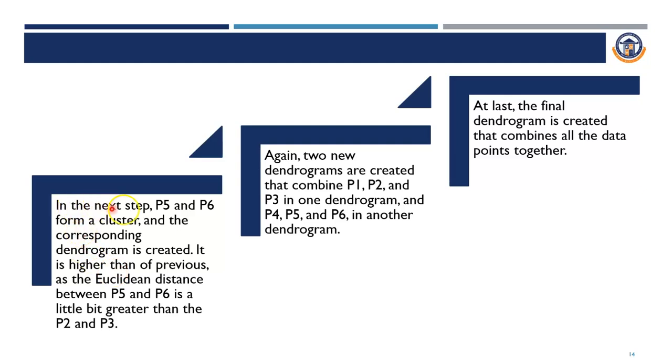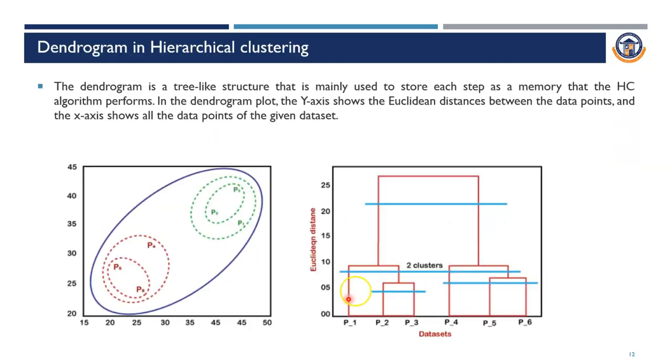In the next step, P5 and P6 form a cluster and a corresponding dendrogram is created. It is higher than the previous one, as the Euclidean distance between P5 and P6 is a little bit greater than that of P2 and P3. Here see the distance between the P2, P3 cluster and the P5, P6 cluster; it is the highest distance.